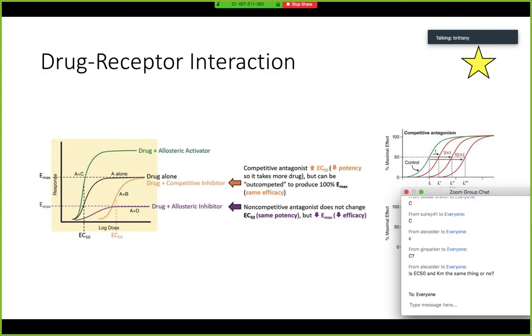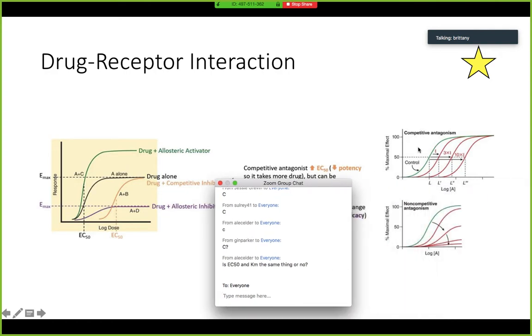Then in the question, it talked about shifting the dose response curve to the right. That's another way of saying that you're going to make something less potent. So that's another way to say the same thing. Or a downshift refers to a decrease in efficacy.